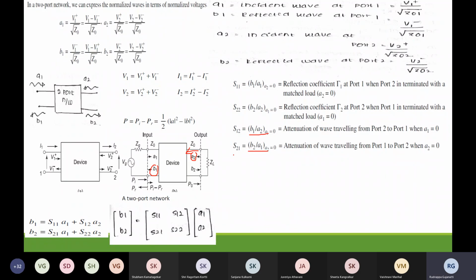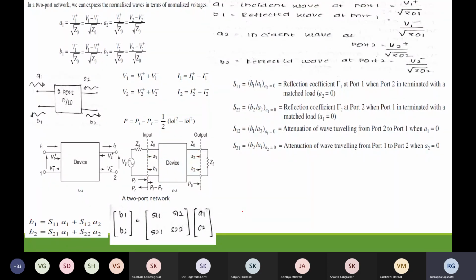Similarly, S21 you are doing the same way. You are observing the incident wave amplitude at port 1 and the reflected wave amplitude at port 2. So you give the input and you observe the result. You are observing these parameters.